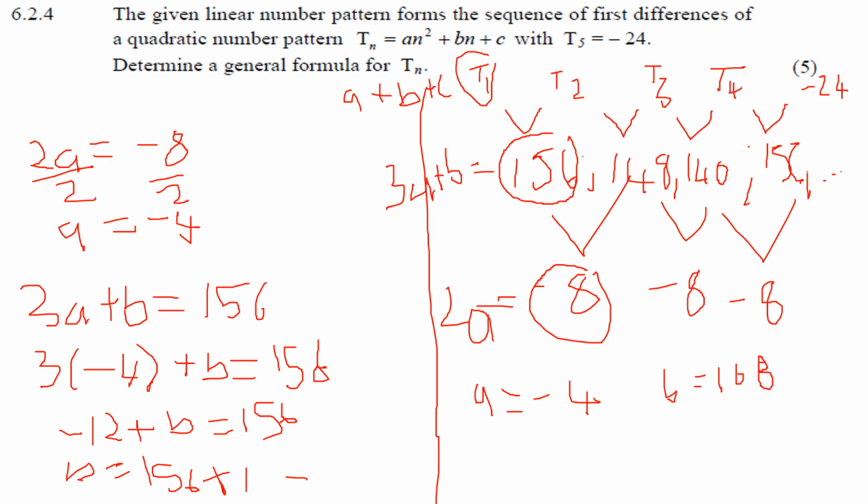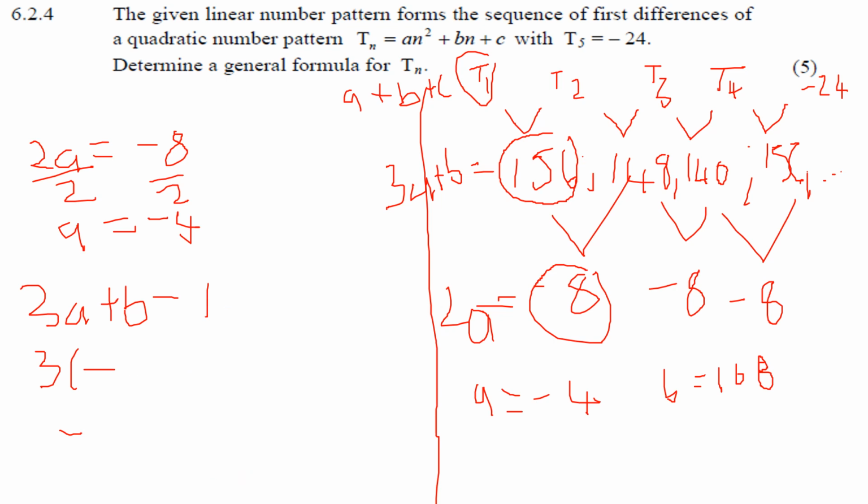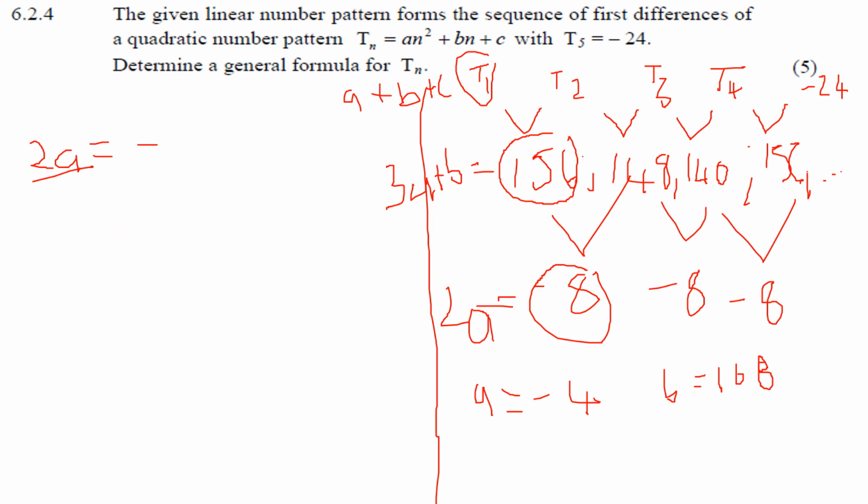So now let's try to find the value of c, because remember for a quadratic sequence, you need to find the value of a, b, and c, and then you can determine the general equation for the quadratic sequence. So remember, we are given the value of the fifth term, which is negative 24.